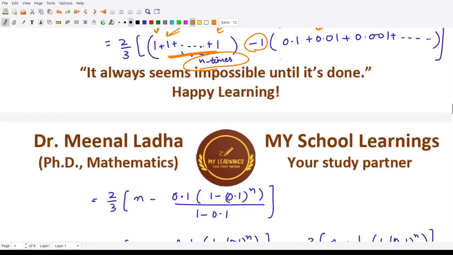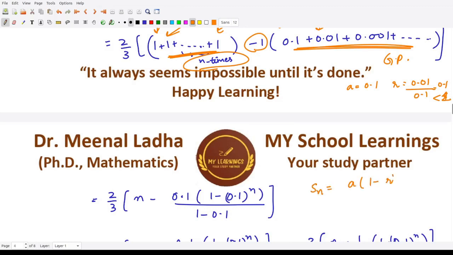And what about this second series? This forms a GP. Here the first term is 0.1, and the common ratio, when you divide 0.01 by 0.1, is 0.1. This is obviously less than 1, so the formula for the sum that we will be using is a times 1 minus r raised to power n divided by 1 minus r.